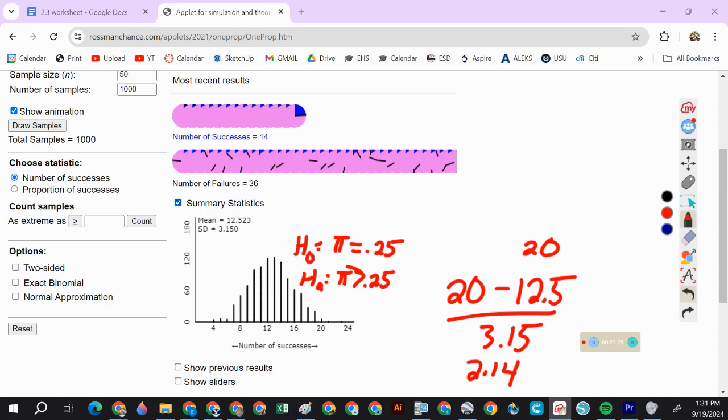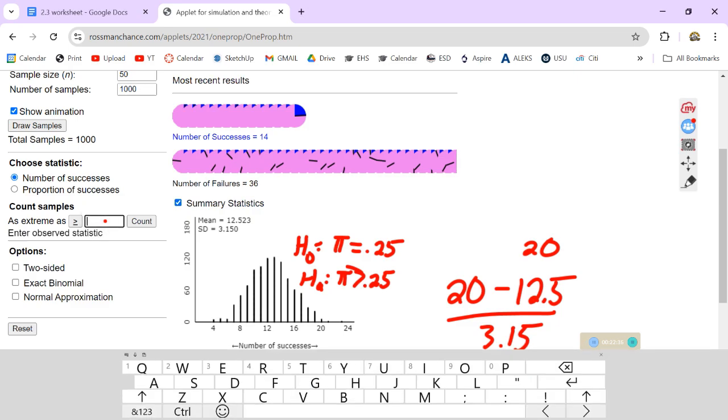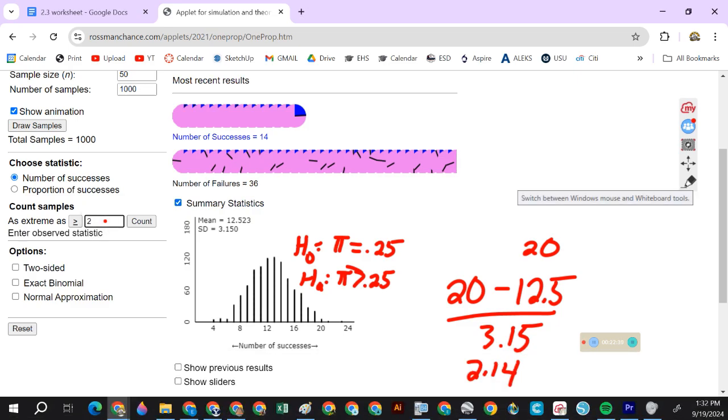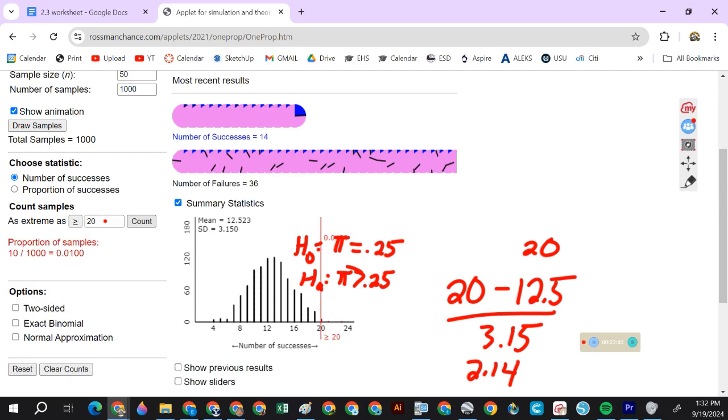So let's calculate the area. So I'm going to plug in 20 right here, and run the area. And the area is 1%.